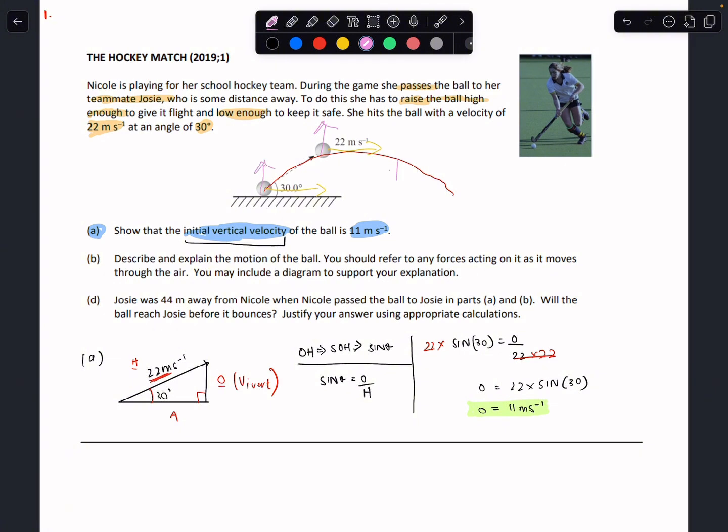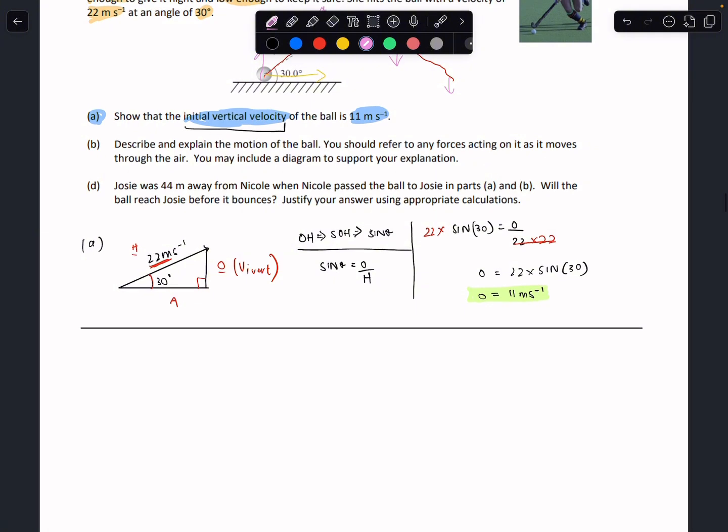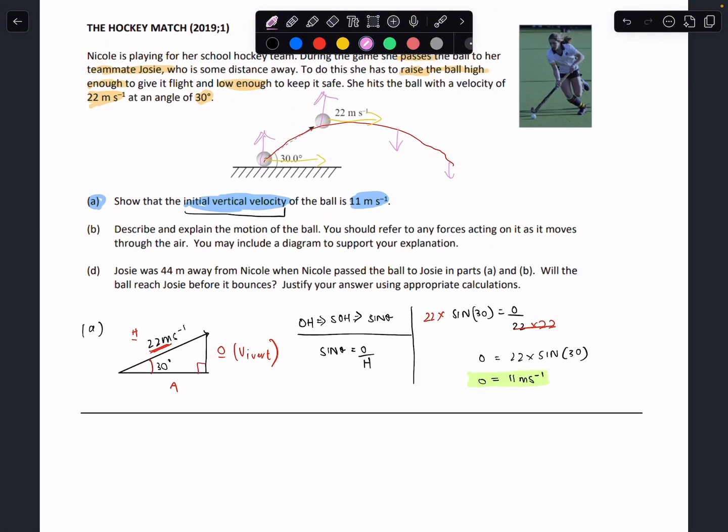These are vectors, so they show a size and direction, and we need to explain what is happening to each component. So the horizontal component is constant throughout the flight, okay? This is because gravity doesn't act in this component. It doesn't influence the horizontal velocity. Gravity only influences the vertical velocity.